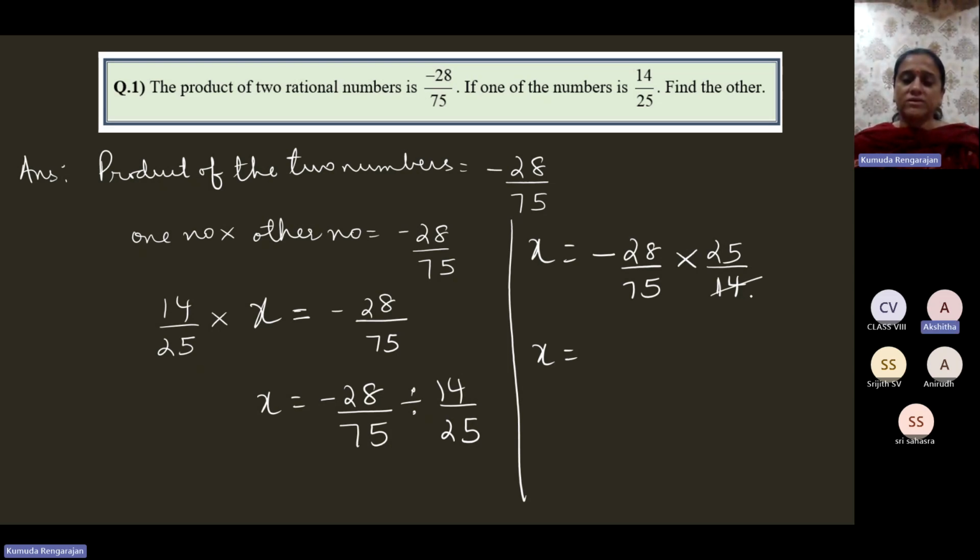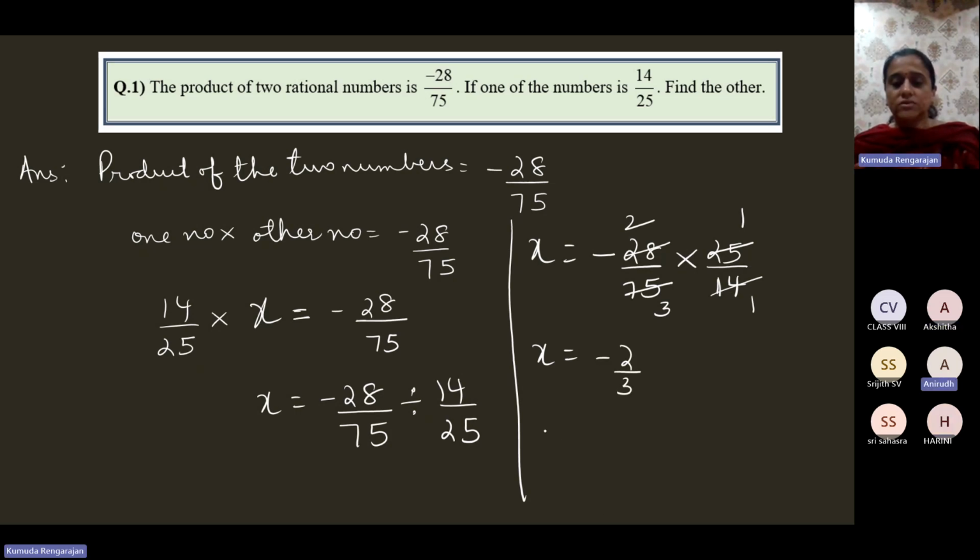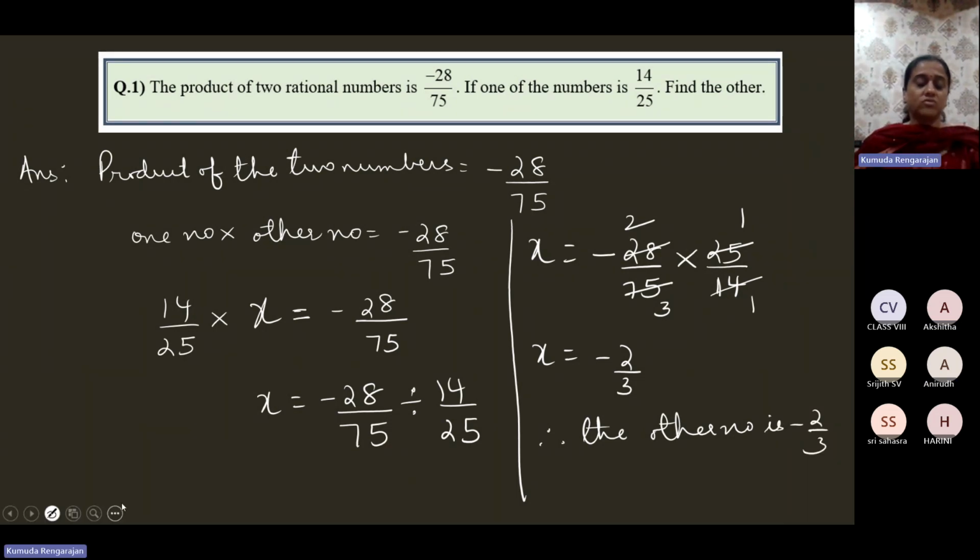How many times? 14 ones are 14 and 28 is 2 times. 25 ones are 25 and 75 is 3 times. So minus 2 by 3 is the answer. Therefore, the required other number is minus 2 by 3. Correct.